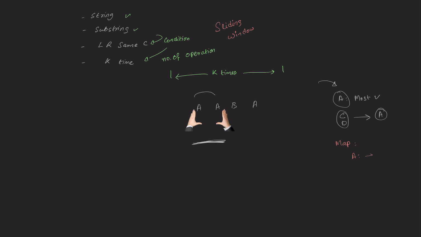So I'm saying a comes about 2 times in this substring. Now if we find a new character when we move the right pointer further, here we found b is a new character. Now we will update our map also, and we will say b is coming once, and possibly we can replace that.